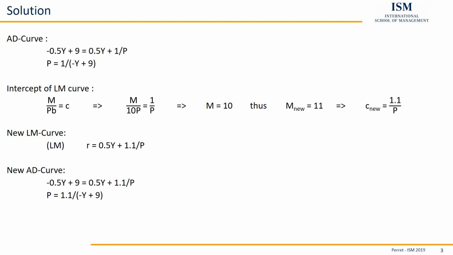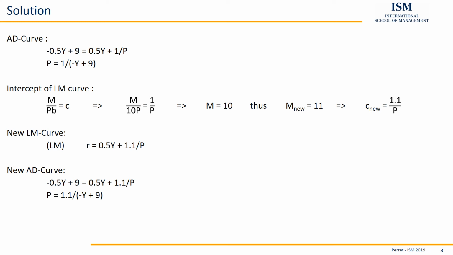So what did actually happen? Well, instead of 1 divided by, we now have 1.1 divided by. So this is the effect that an increase in the money supply has on our AD curve. Okay, and this is, we could argue, a bit problematic to actually show.